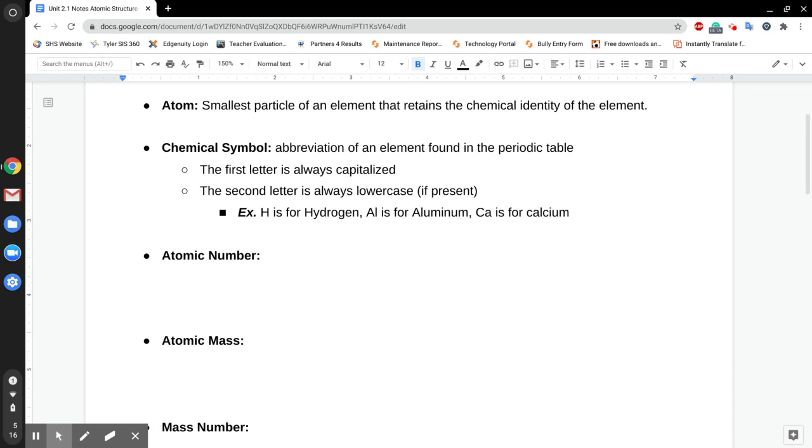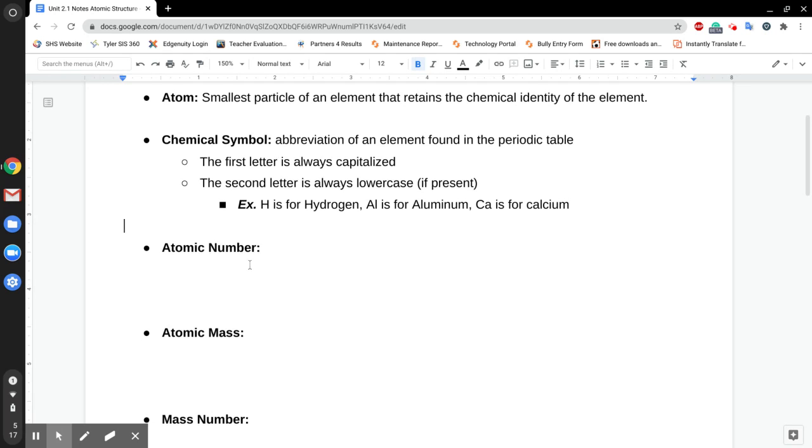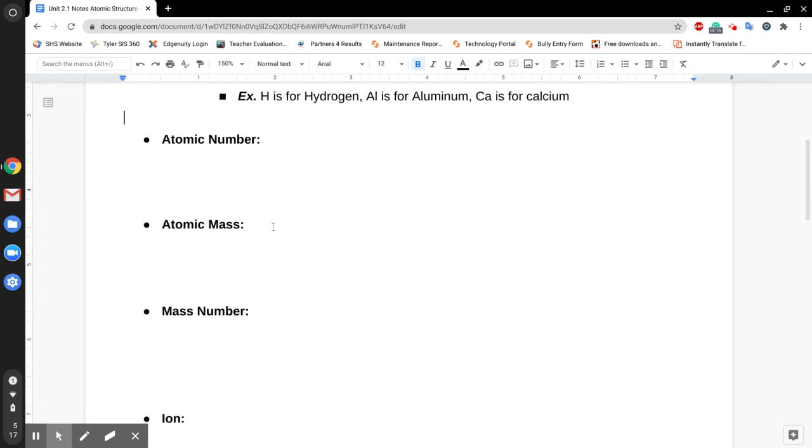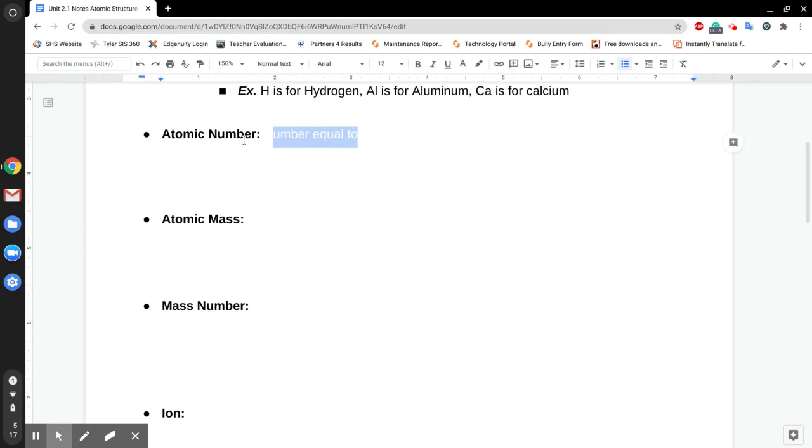If you put a capital C and then a capital A, that's going to be wrong 100% of the time in my class. When we are writing down the chemical symbol for a particular element, you have to have the correct organization and the correct symbol. Super important to remember and follow through with.